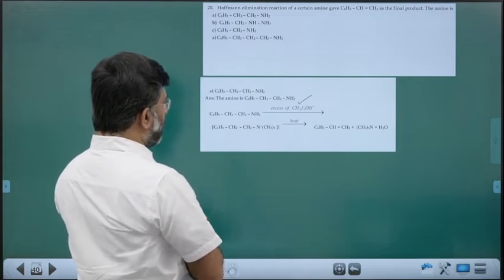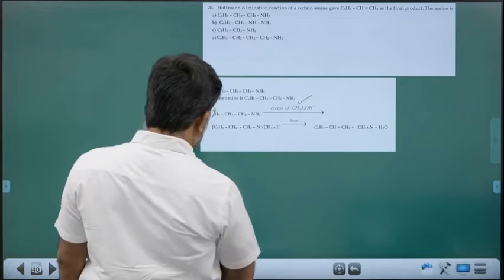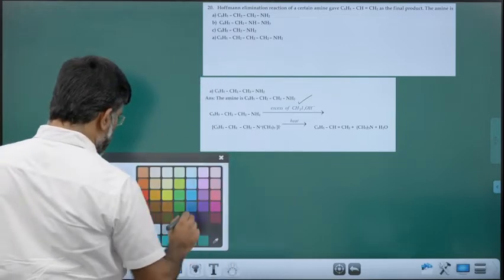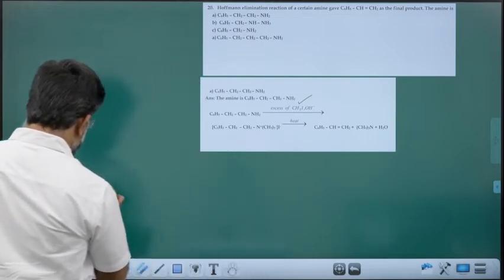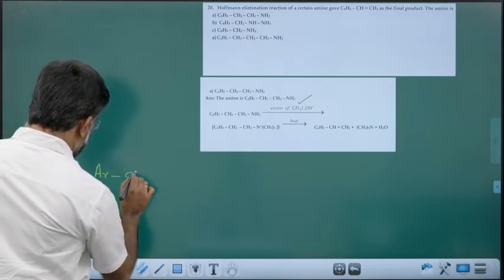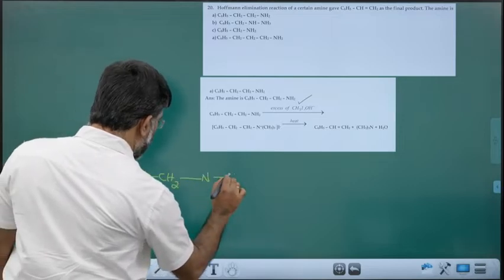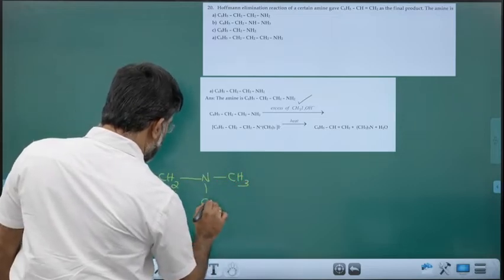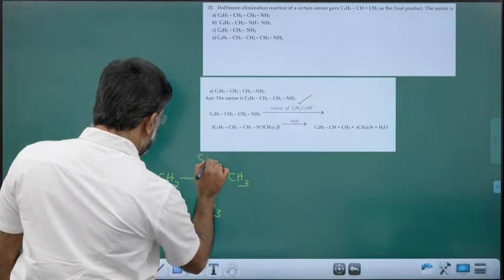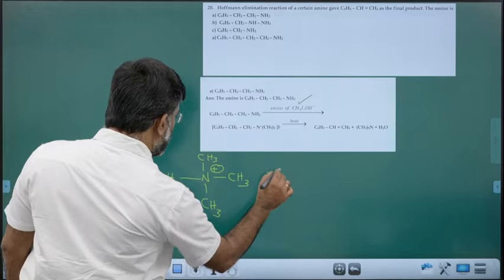You are getting a quaternary ammonium salt. That is exhaustive alkylation. The product is Ar, that is benzene, CH2CH2N(CH3)3+ I-.